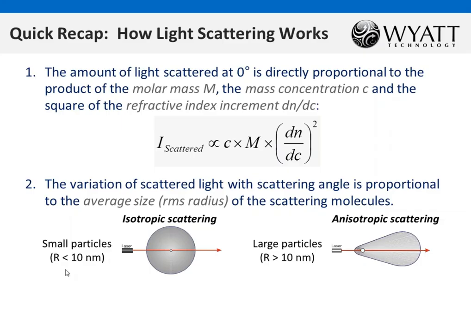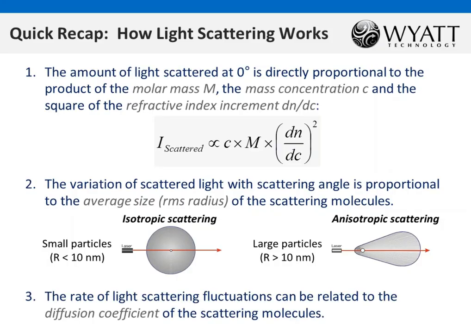Small particles with a radius smaller than 10 nanometers scatter isotropically, that is, they scatter the same amount of light in all directions. For larger particles, more light will be scattered at the smaller angles or forward direction. Less light will be scattered at, for example, 90 degrees or the larger or backscattering angles.